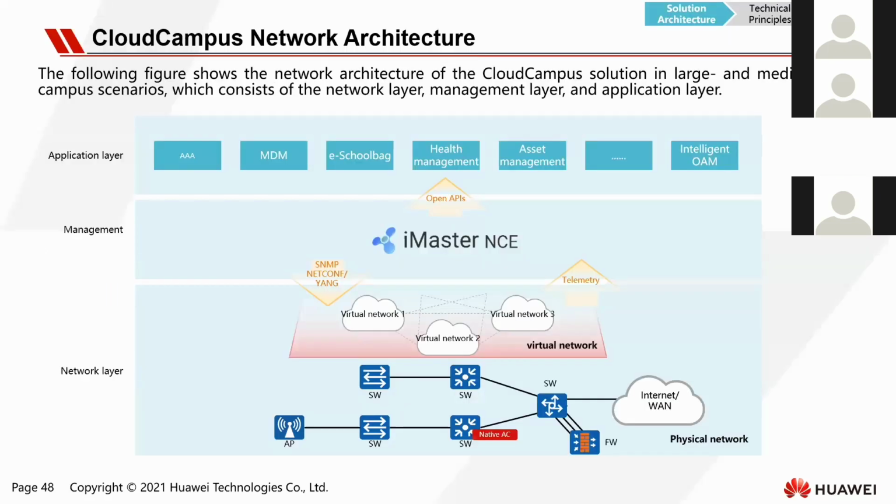So again, in our cloud campus network architecture for the VXLAN scenario, we have the network management layer, and then we have the application layer. In the application layer, we have the third-party apps, which use the API to collect the data.